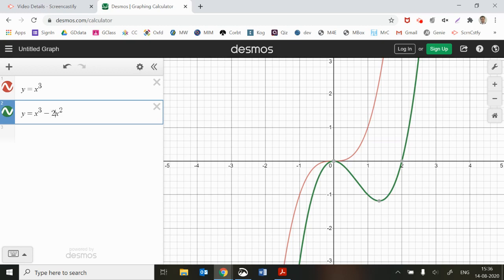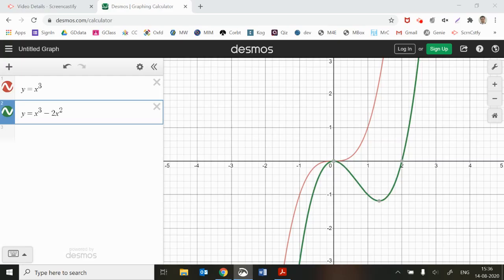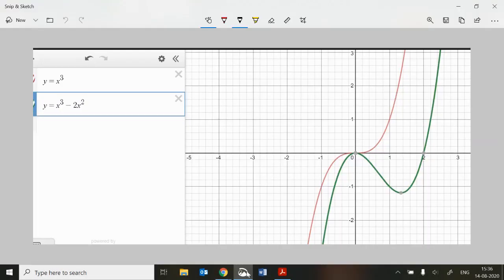In fact, if you're finding your roots to these, you'll see, for example, this one here. If we were going to sketch this one, we could find our roots by factorizing. Let's take x squared out of both of these, and we can see we're getting x minus 2 as our factor.